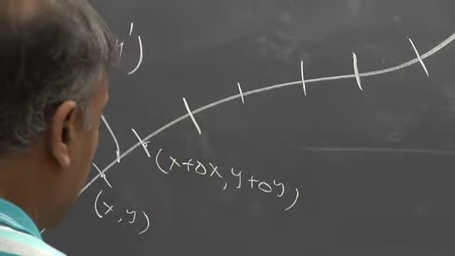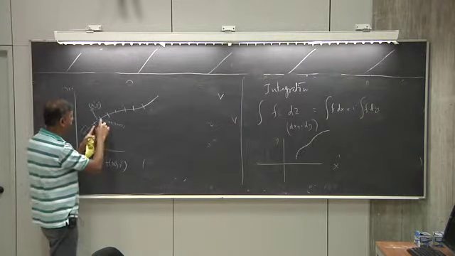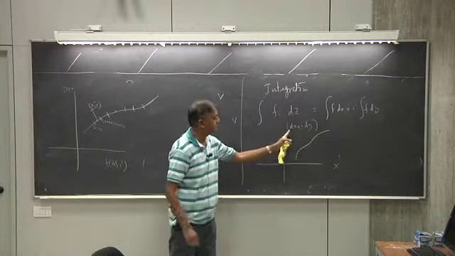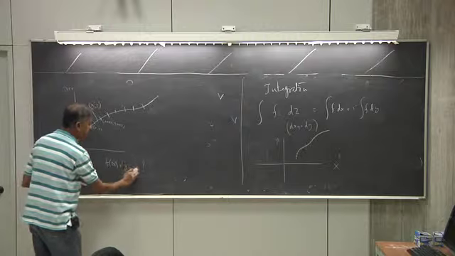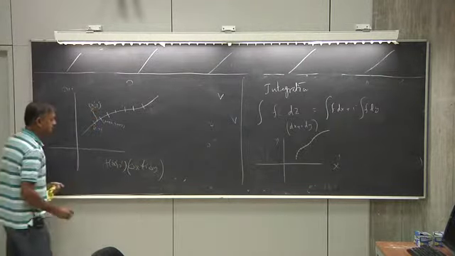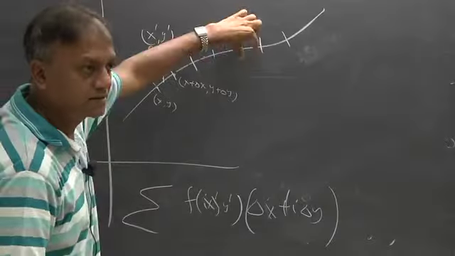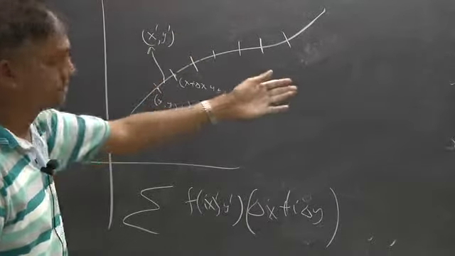Evaluate the function at x prime, y prime, and multiply by this difference. It's the dz combination, so it will be delta x plus i delta y. Then you do that for each of these pieces and sum them up.